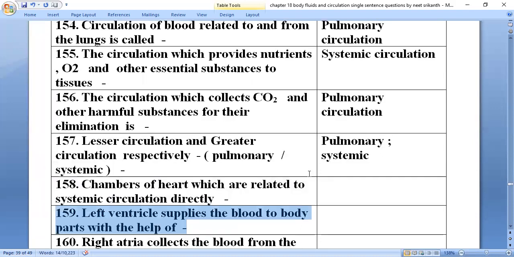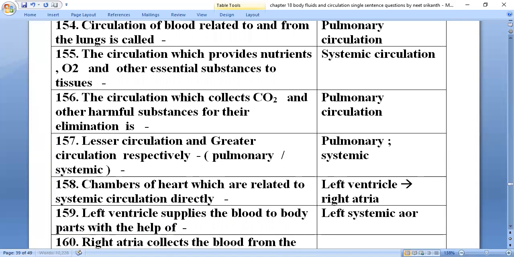Chambers of the heart which are related to systemic circulation directly are from left ventricle to right atria. The movement of circulation from left ventricle to right atria is called systemic circulation. Left ventricle supplies the blood to body parts with the help of left systemic aorta.